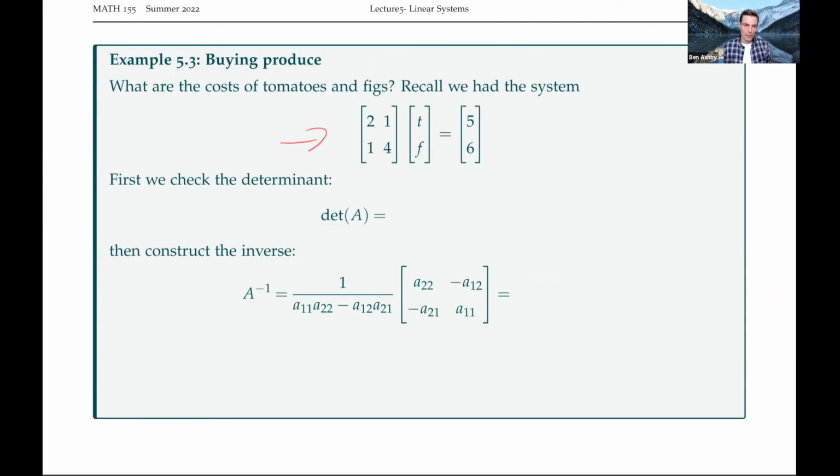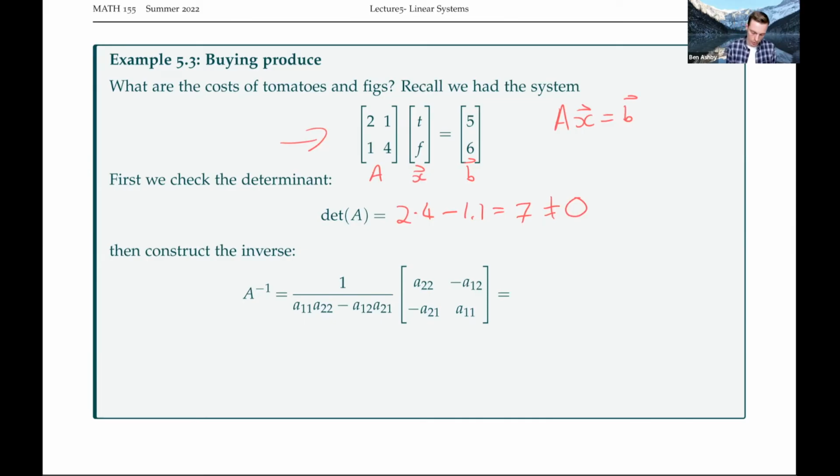So to solve this, let's write this as AX is equal to B, where this is our B, this is our X, and this is our A. The first thing we need to do is find the determinant of A. So that's going to be the product of the elements on the main diagonal, 2 times 4, minus the product of the elements of the off diagonal, 1 times 1, which is just going to be equal to 7. Yeah, so that is non-zero. That tells us that our matrix A is invertible.